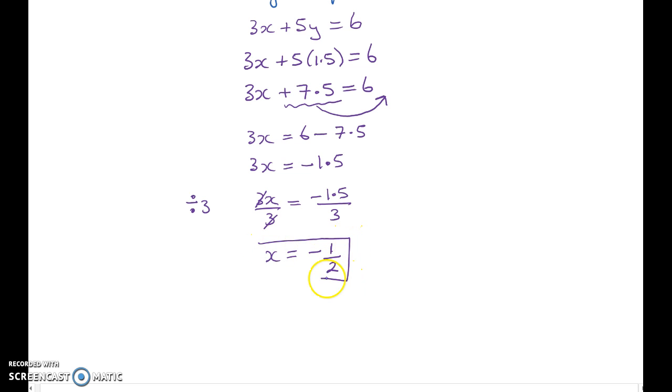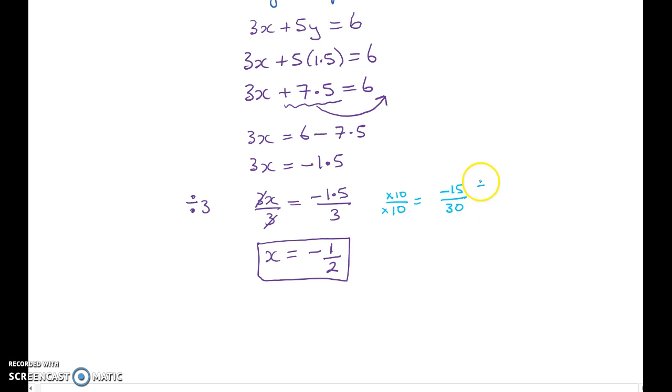If you're not sure about that, you can multiply top and bottom by 10 to get rid of the fraction. Negative 1.5 by 10 is negative 15, and 3 by 10 is 30.